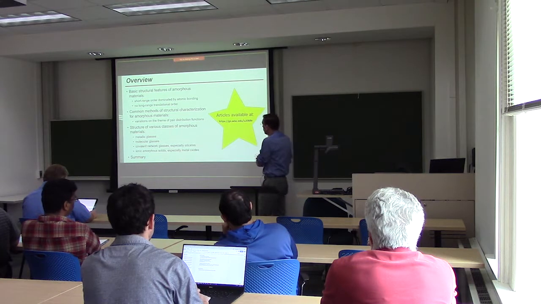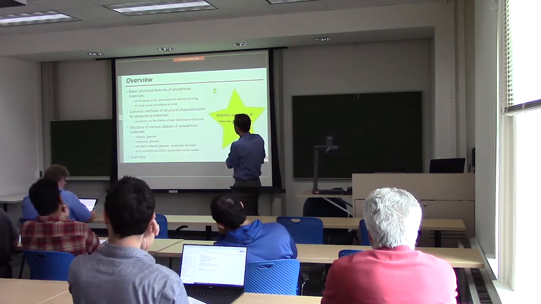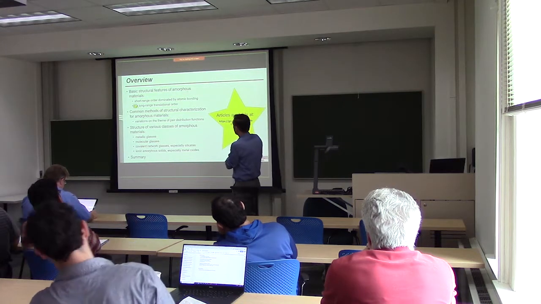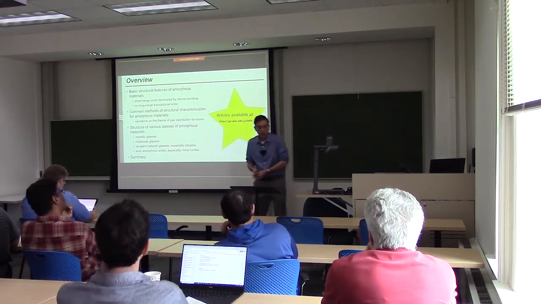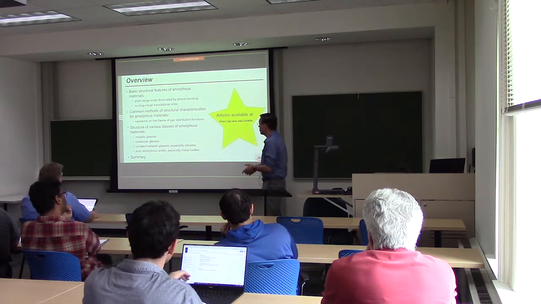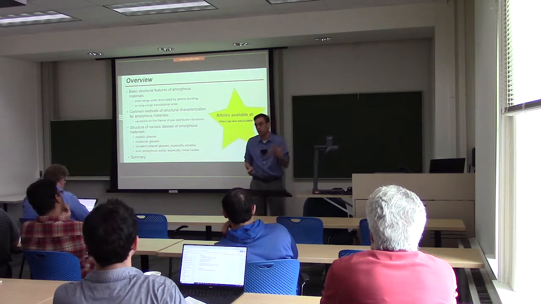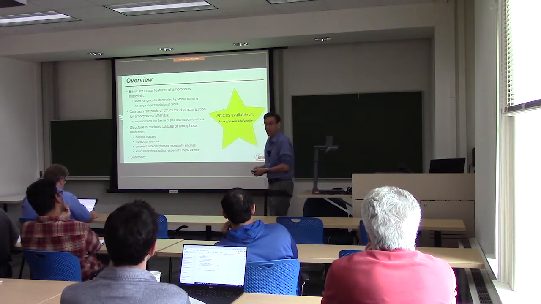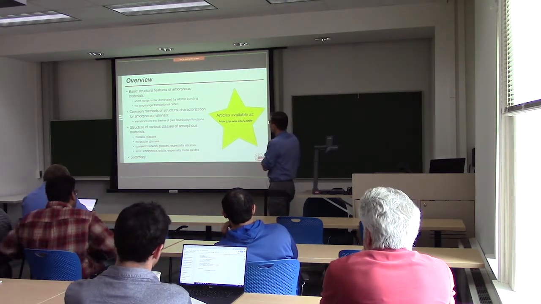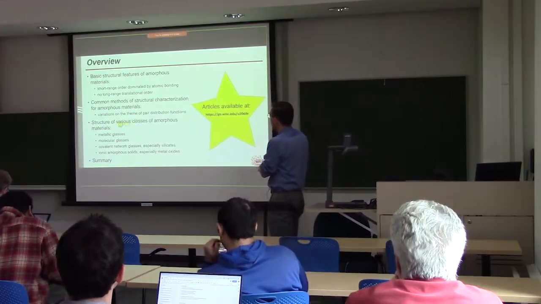And so we'll use our time like this. We'll talk about some very basic structural features. These include the idea that there's not any measurable long-range order in amorphous materials, but that there's significant short to nanoscale order, meaning at the scale of bonds to nanometers, and that there are ways of characterizing and describing the structure.